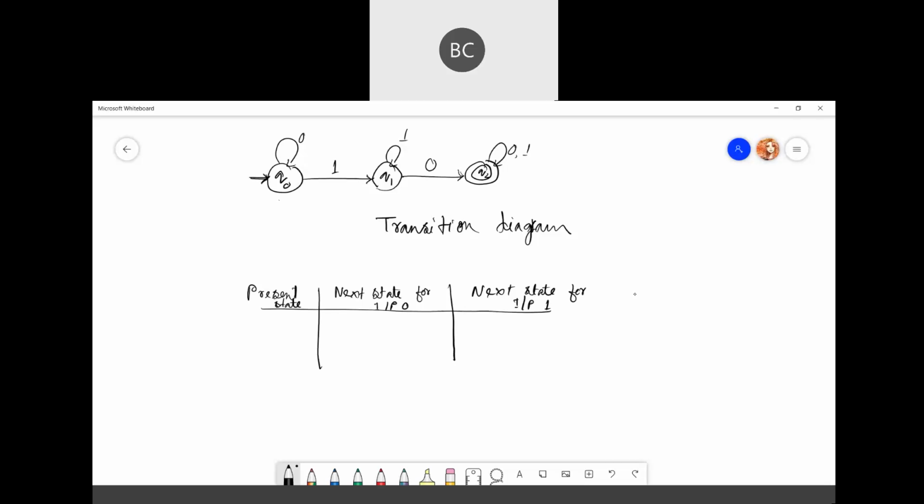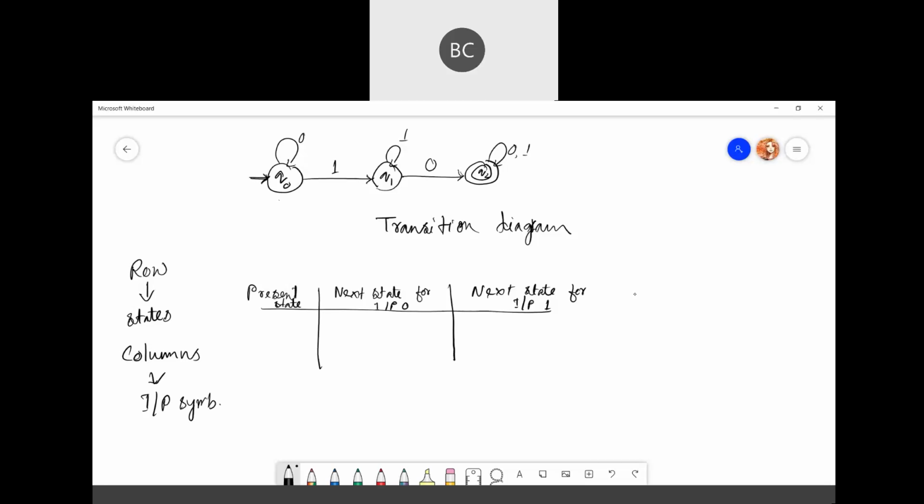So in transition table, columns correspond to the input symbols and rows represent the states. Always remember that rows are states and columns will represent input symbols.